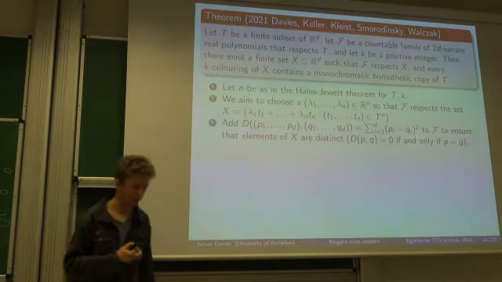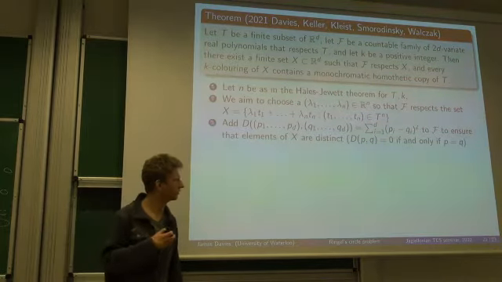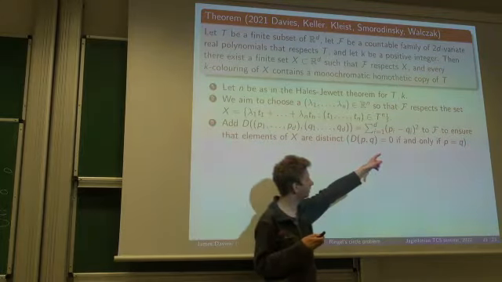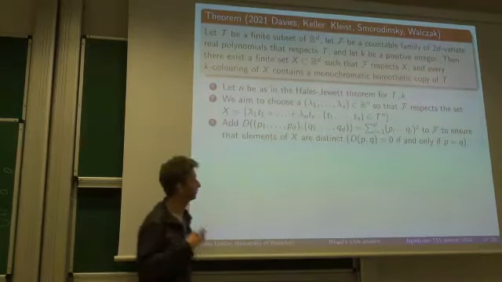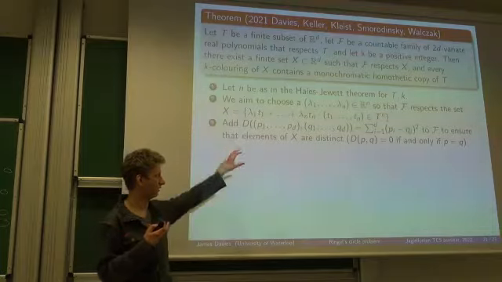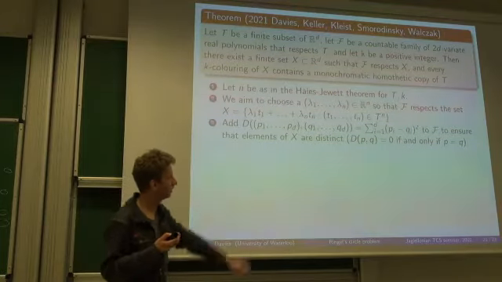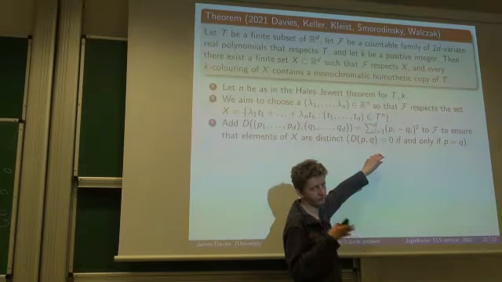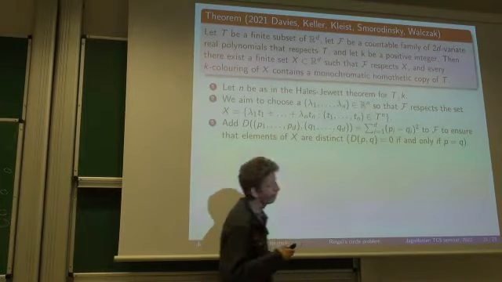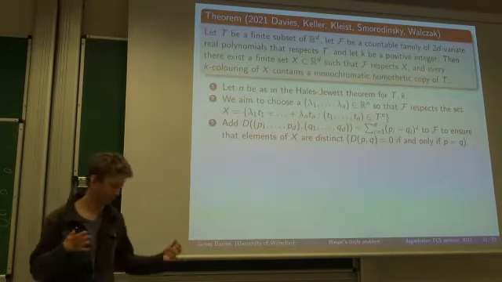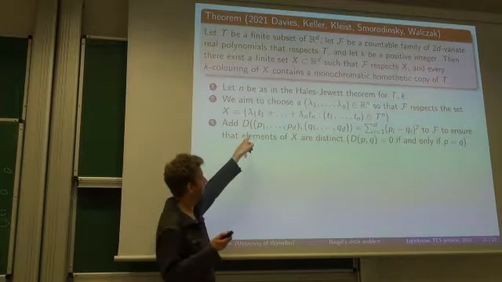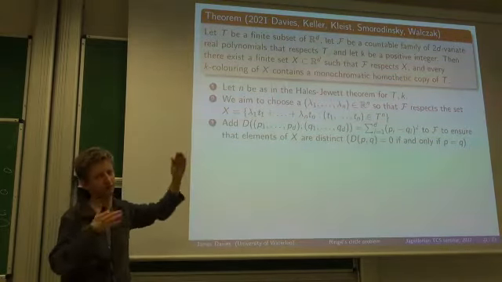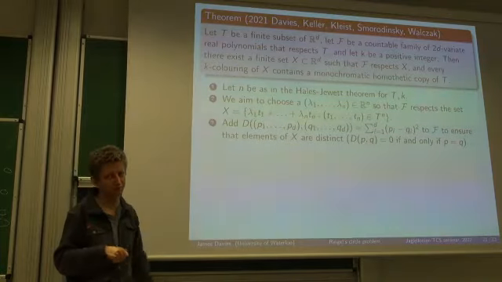So one slight technicality, you don't really have to worry too much about this, is we want to add this polynomial to our family of polynomials F. And this is like a difference polynomial. So this is equal to 0 for two points exactly when they're the same point. Clearly these polynomials respect our set T, because we have this condition that we're looking at distinct points anyway, so that's going to be non-zero.